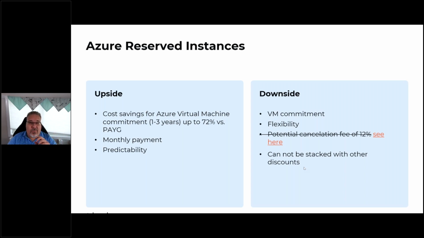If they then decide to put a reserved instance on that machine, as soon as they attach that reserved instance, they might get 60% off, but it's taken away from the savings plan. The usage of that machine will not be deducted from the savings plan. It will only be the reserved instance. So I hope that makes sense.